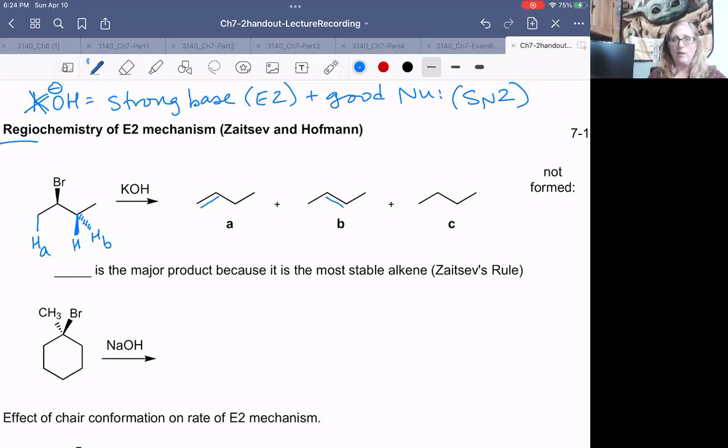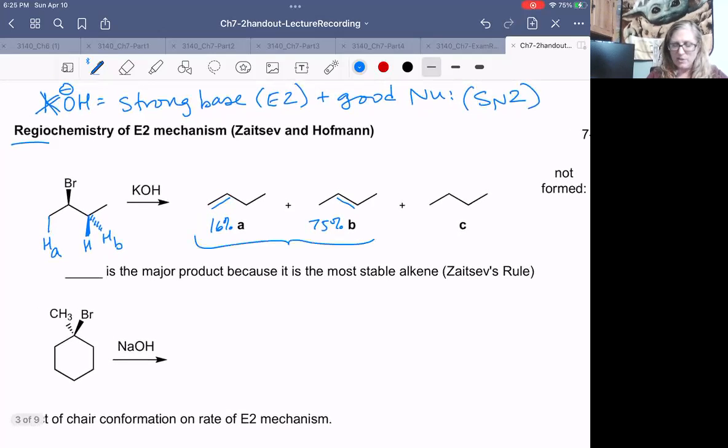So these are the two alkenes that we can form. And it turns out that we get about 16% of A and 75% is B. So both of these are the result of the E2 elimination.